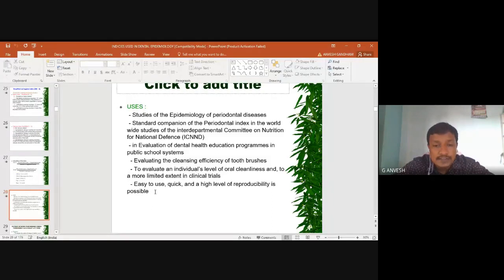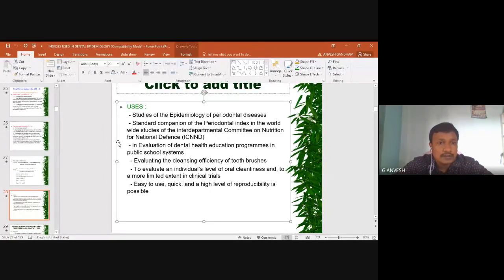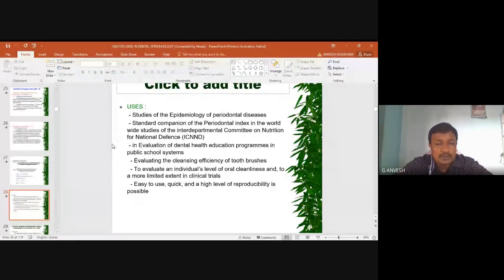It is easy to use, quick, and a high level of reproducibility is possible. And I missed one thing: the instruments used are the mouth mirror and the number 23 explorer, commonly called the shepherd's hook.